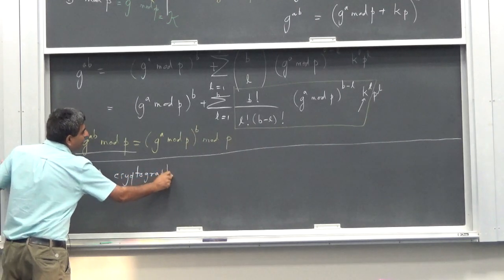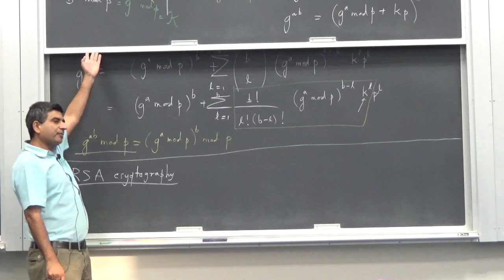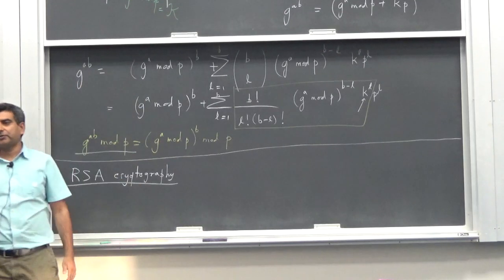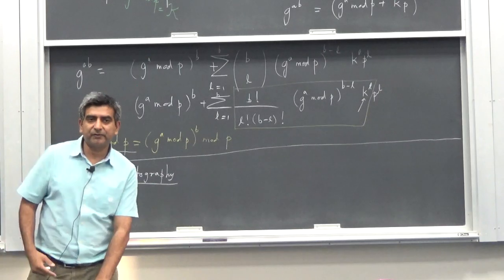The RSA cryptographic scheme works on a somewhat similar principle, and it uses the computational complexity associated with the factorization problem. Okay, so let's look at the RSA cryptography scheme. Any questions about Diffie-Hellman?